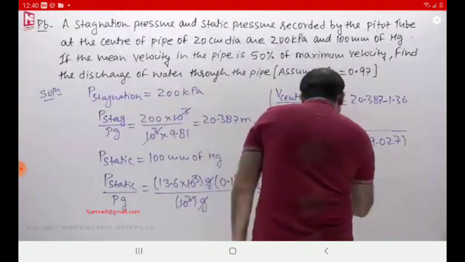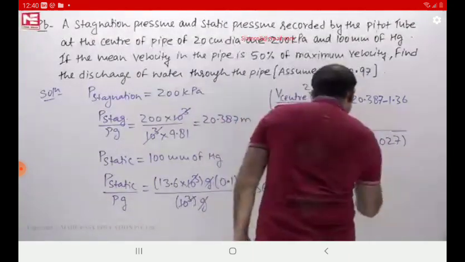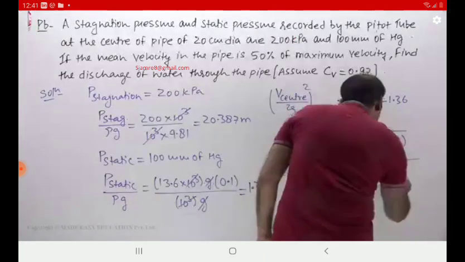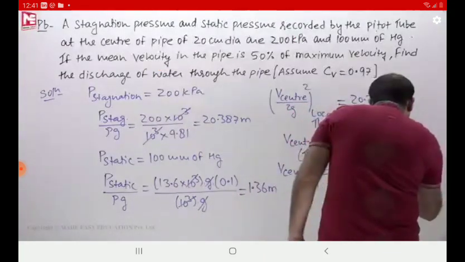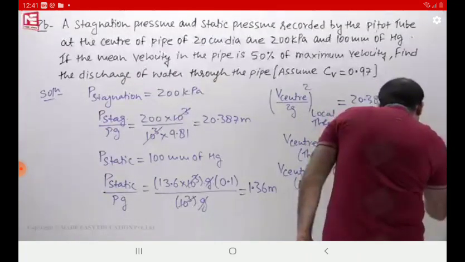CV times of this: 0.9, CV value is 0.97, 2 multiplied by 9.81 multiplied by 19.027.